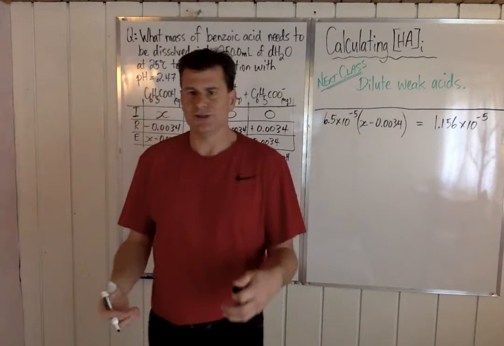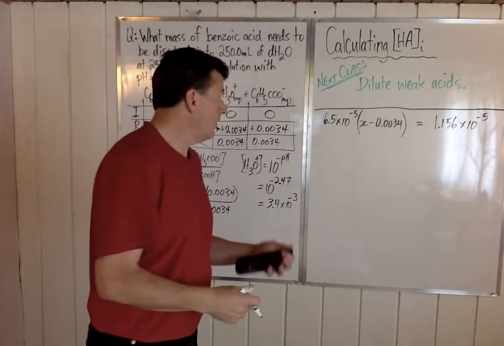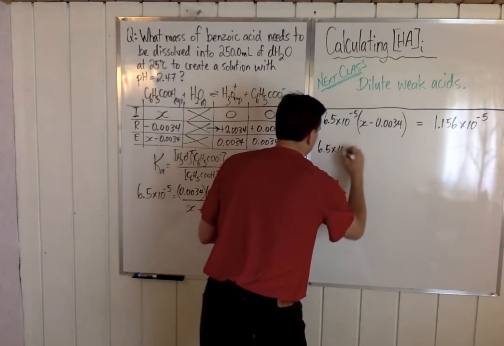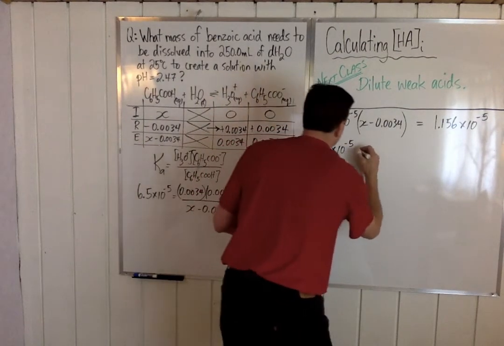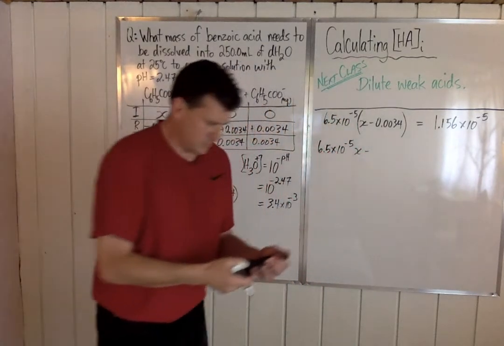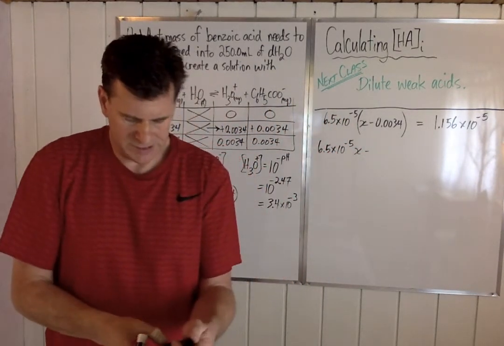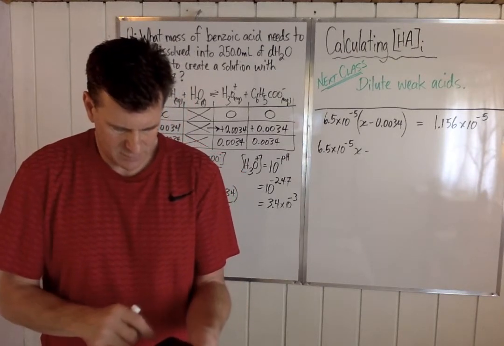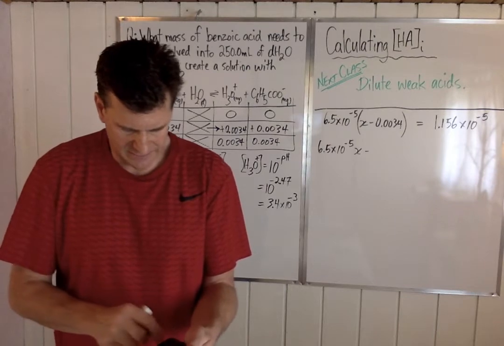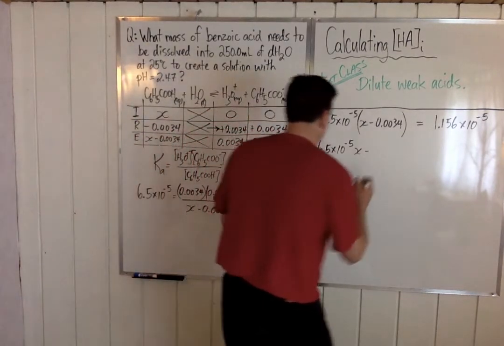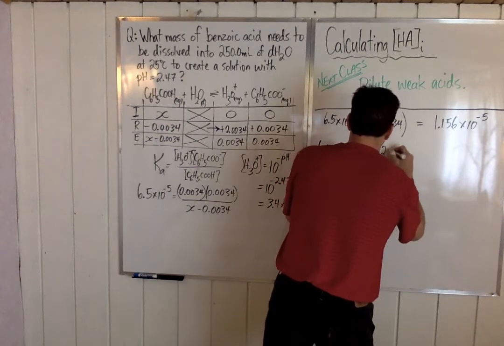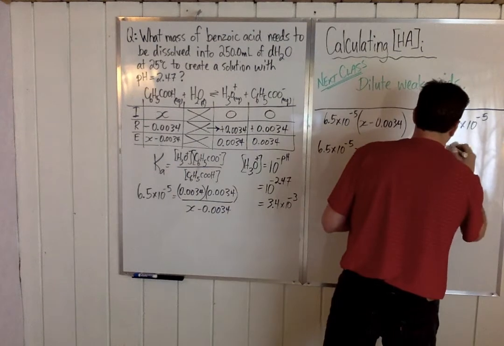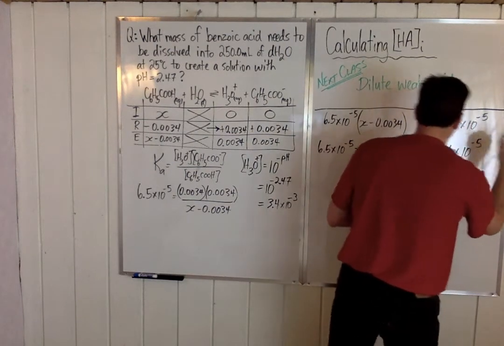And then I have to actually do the math here. So I multiply out this bracket. So 0.0034 times 6.5 times 10 to the negative 5. 2.21 times 10 to the negative 7 equals 1.156 times 10 to the negative 5.